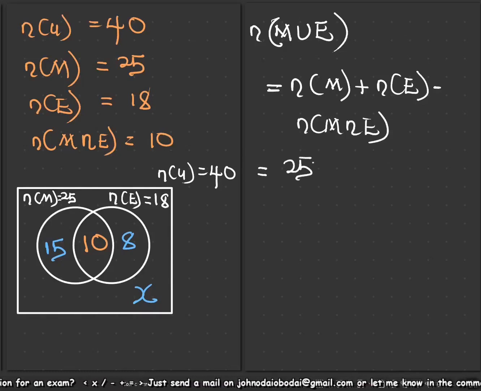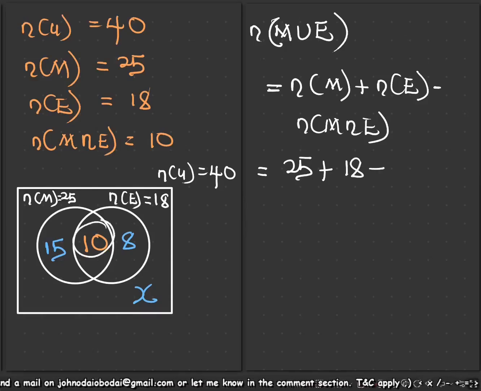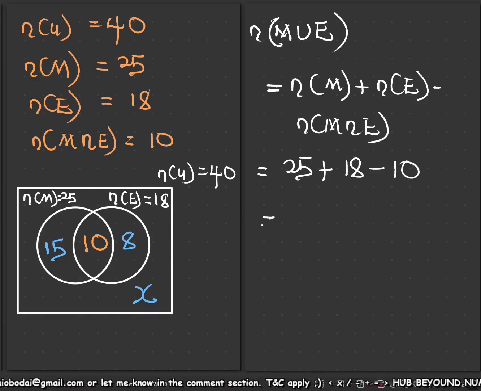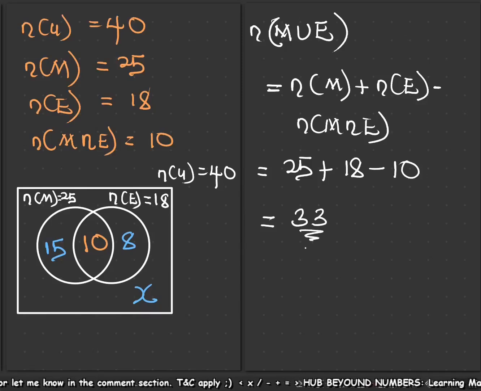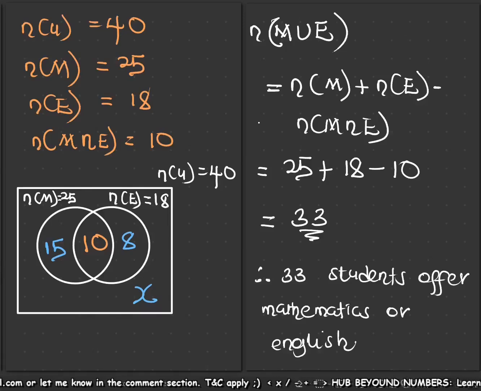So 25 plus number of students who offer English were 18. Then minus the intersection. The intersection was 10. So minus 10. You see, then that gives us 33. So we conclude by saying, therefore, 33 students offer what? Mathematics or English. As simple as that.